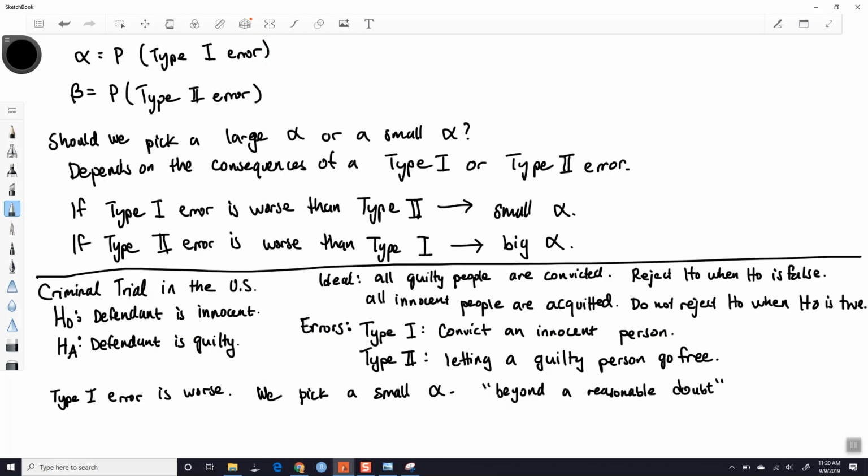Now, if a person is acquitted, does that mean that the person is innocent? No. A not guilty verdict does not mean that the defendant is innocent. The jury will never say, we, the jury, find the defendant innocent. They just say not guilty. That just means there wasn't enough evidence to bring about a conviction.